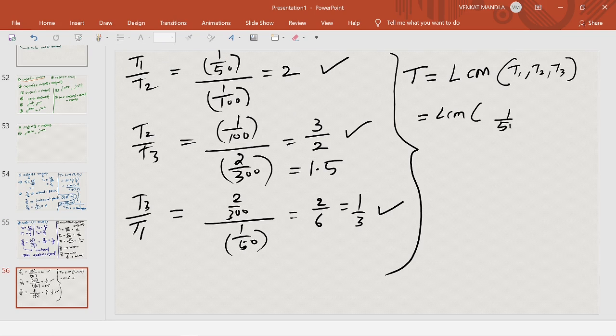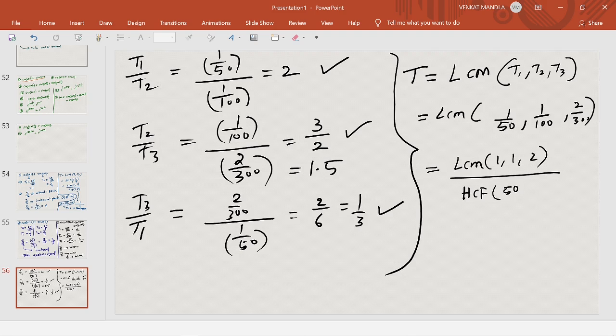So how to find out LCM for fractions? LCM of numerators 1, 1, 2 by HCF of denominators 50, 100, 300.